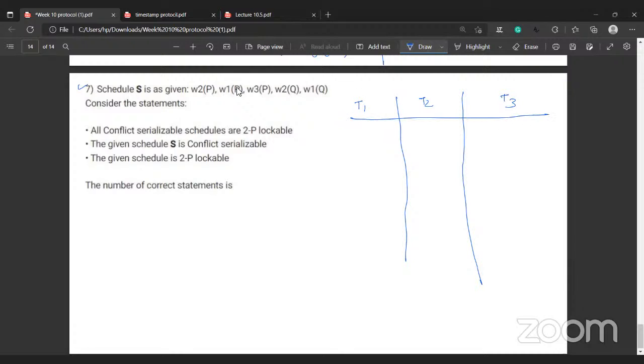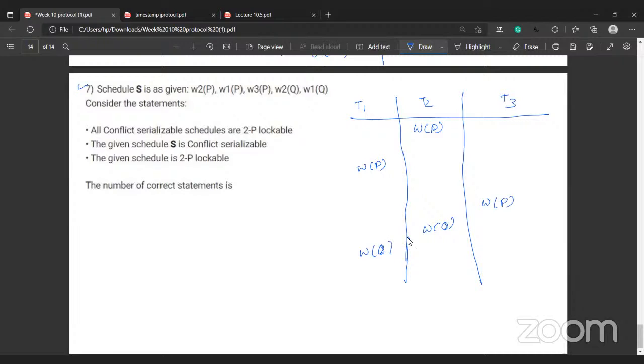W2P, W2P, then W1P, W1P, then W3P, W3P, W2Q, W2Q, and W1Q, right?